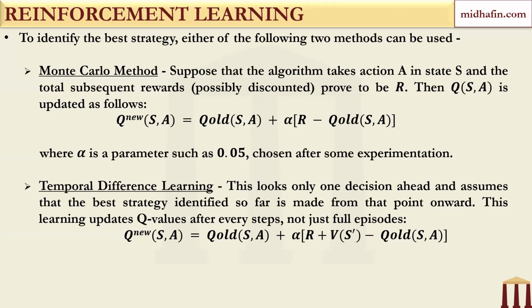Going back to chess, Monte Carlo is like waiting until the game ends, seeing whether you lost or won, and then adjusting all your moves based on that final result. But temporal difference analyzes like this: I have moved my bishop or knight over here, and it looks like I gained a better position on the board right now, so I'll adjust based on this expected score.